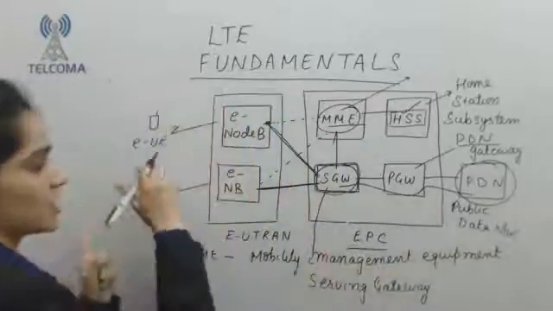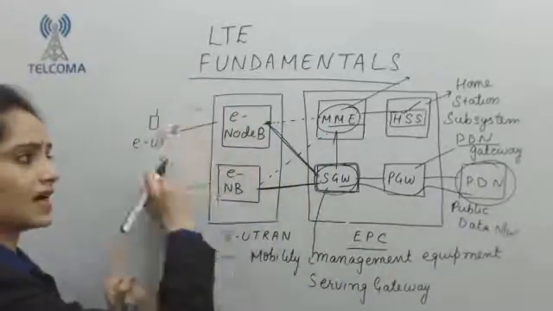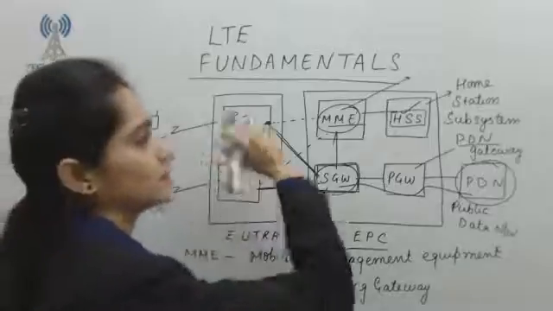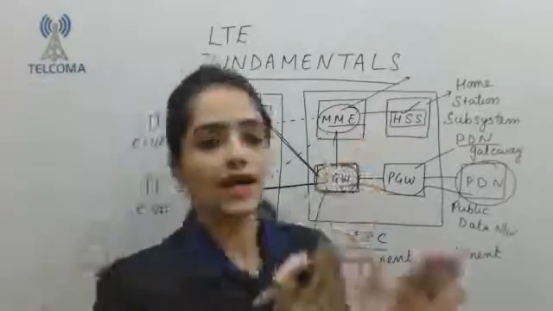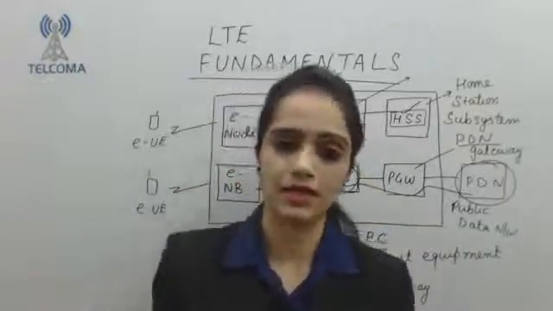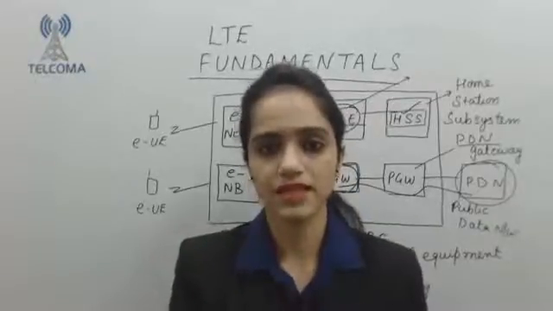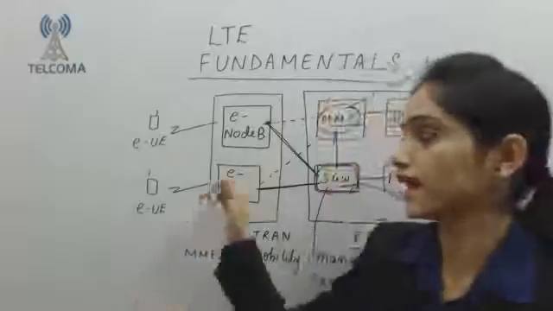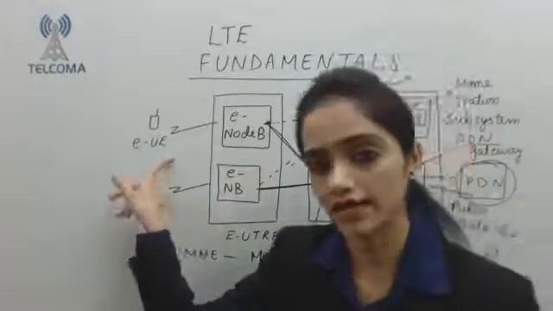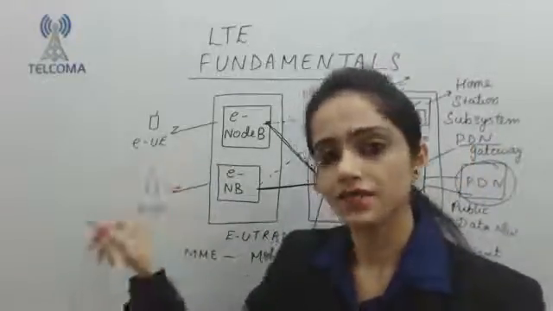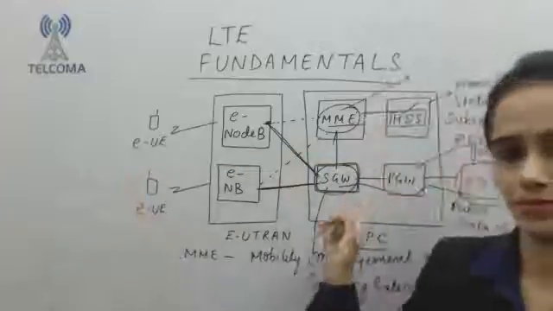So when the UE wants a handover, eNode B will give the handover, and after that it will inform MME that it has given a handover to this particular user.